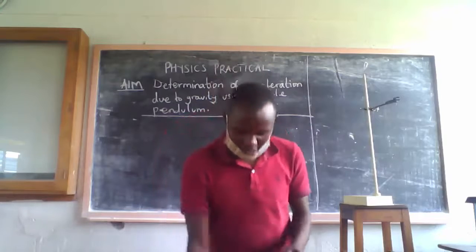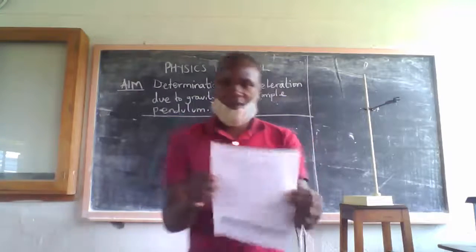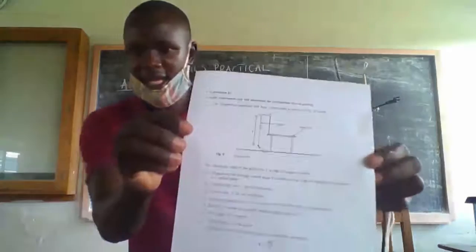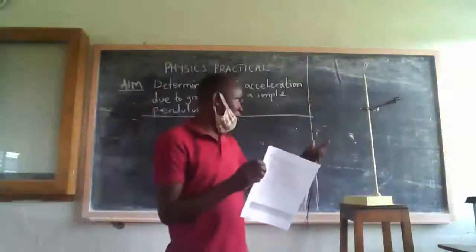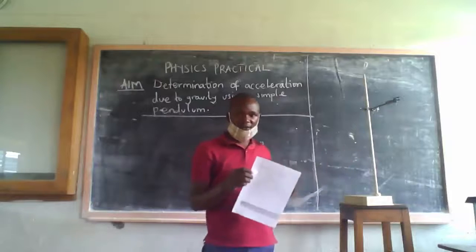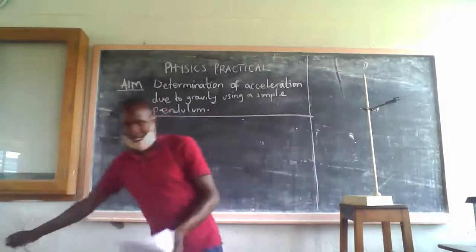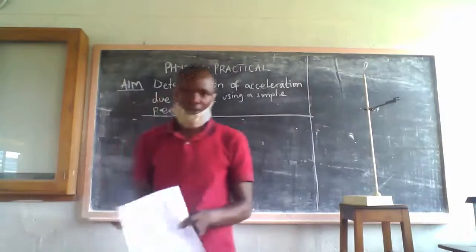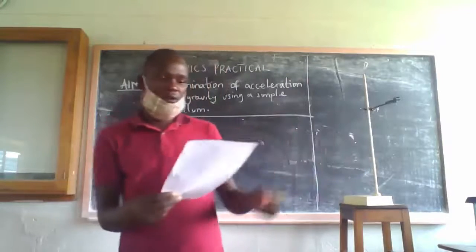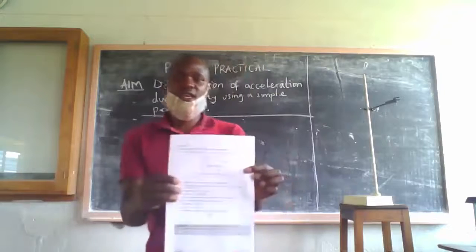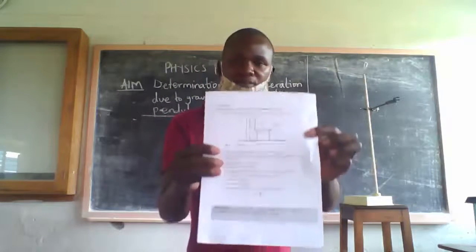So in that case, we are going to go through this question together. You can look at the setup, and that is exactly what we are required to have in real sense. So what shall we do? The first procedure tells us to suspend a pendulum bulb from a retort stand as shown in the figure below.